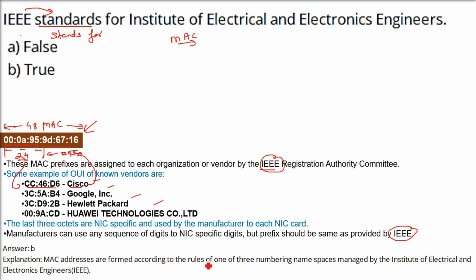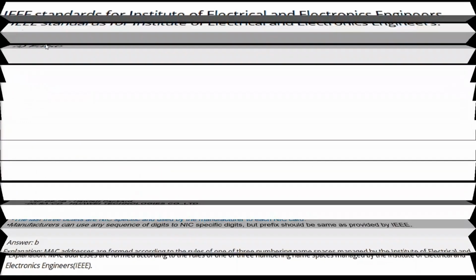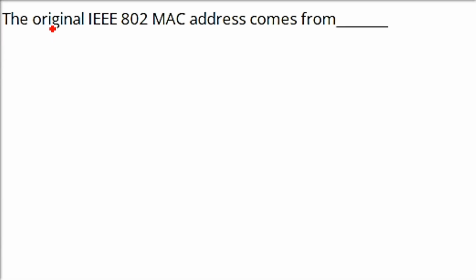So MAC addresses are formed according to the rules of one of the 3 numbering namespaces managed by the Institute of Electrical and Electronic Engineers. All these 3 are 24-bit, 8, 8, 8. The original IEEE 802 MAC addresses come from where?